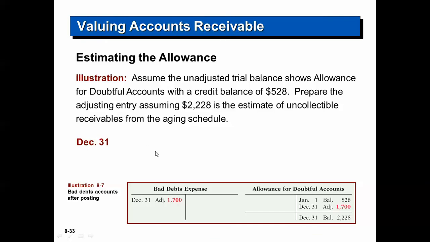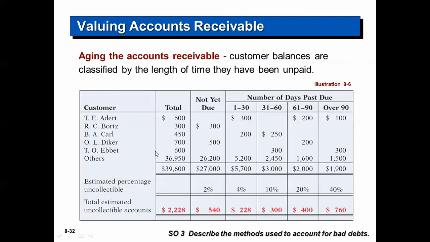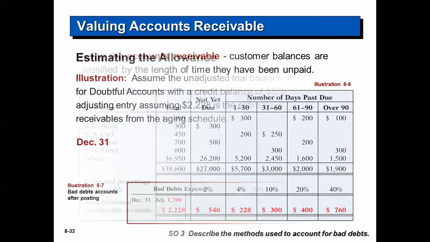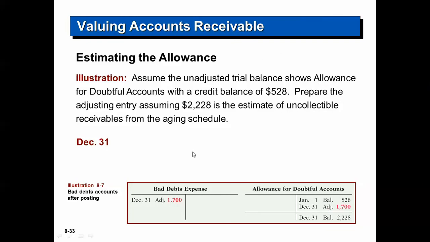We did the aging of accounts receivable here, and we said, okay, we expect now we're not going to get 2,228. Well, we don't make the journal entry for 2,228 because we're saying set the allowance. The allowance for doubtful accounts should be 2,228. There's already 528 in there.